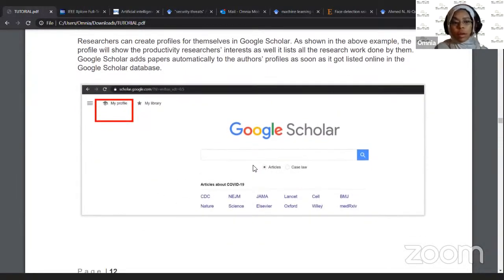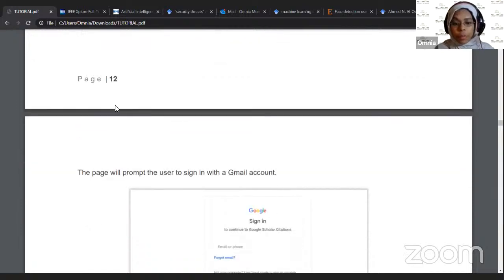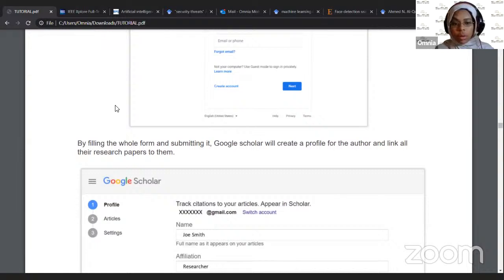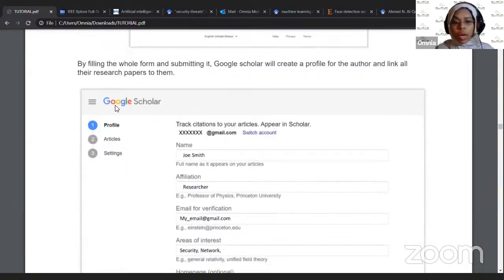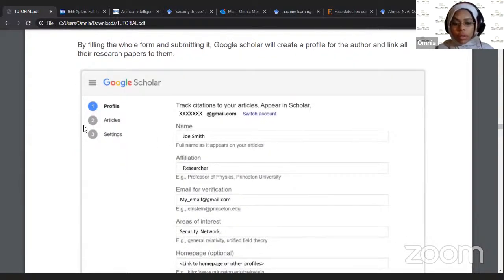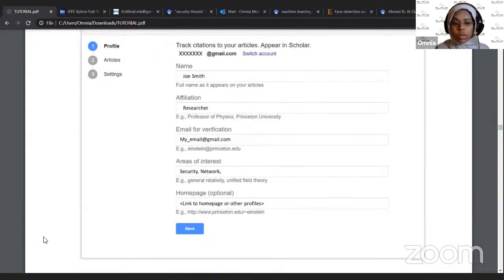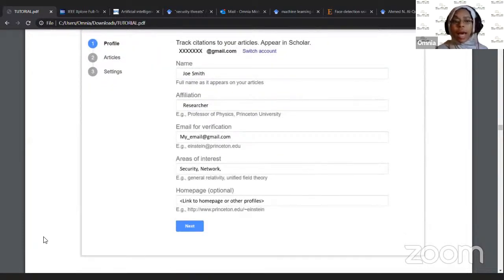The steps are to use Google Scholar and then go to My Profile. You should have a Gmail account to create an account on this website. Then you can fill out the form with your own information, like email, area of interest, and homepage. The good thing about Google Scholar is that it adds the articles automatically for you. Whenever you have an article published online with your name, it will add it automatically to your profile.